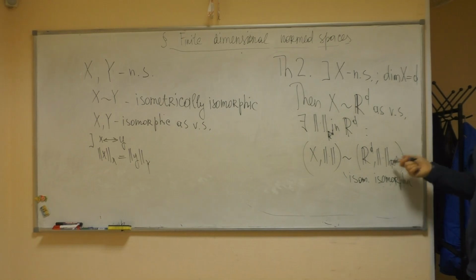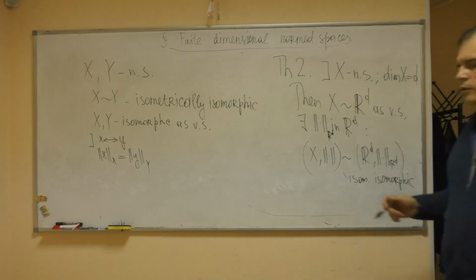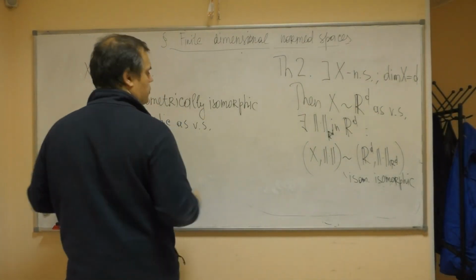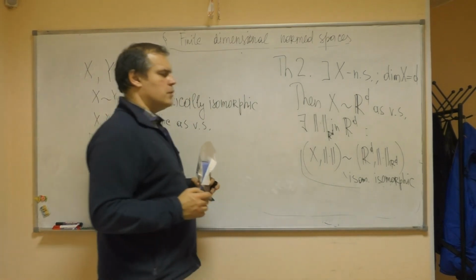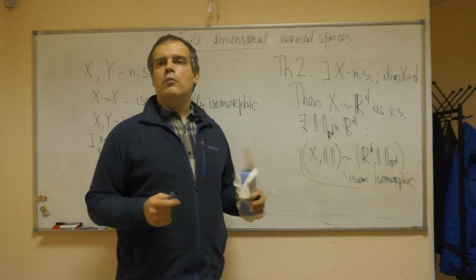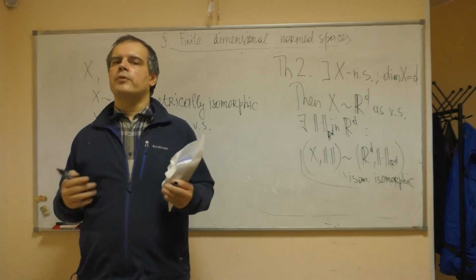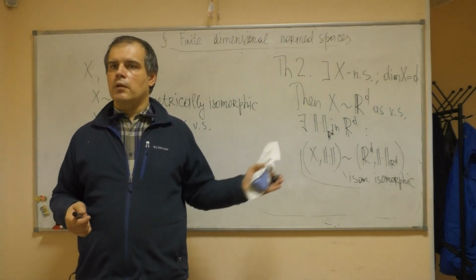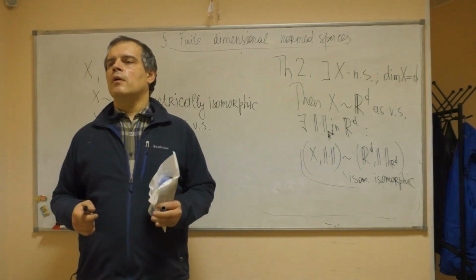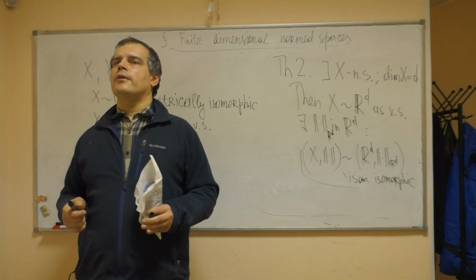So we can build a norm here in Rd, and we know that in Rd all norms are equivalent because it's also finite dimensional, to make these spaces isometrically isomorphic. And also I must add that if spaces are isometrically isomorphic, all properties are the same, and it can be proved, and we will do it in the exercises.